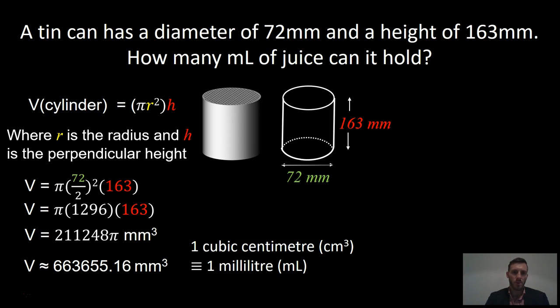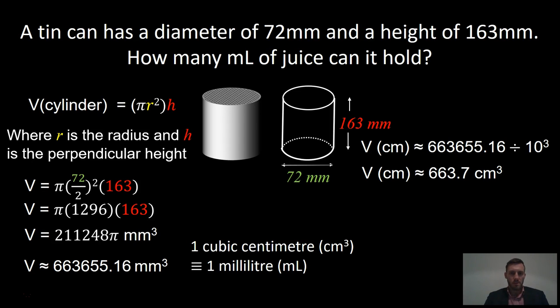Now they've asked us to work out how many milliliters. We know that 1 cubic centimeter is equivalent to 1 milliliter, but our volume is in millimeters cubed. So we're going to convert our millimeters cubed first to centimeters cubed. To do that, we divide by 10 to the power of 3, which is the same as dividing by 1000, or 10 times 10 times 10.